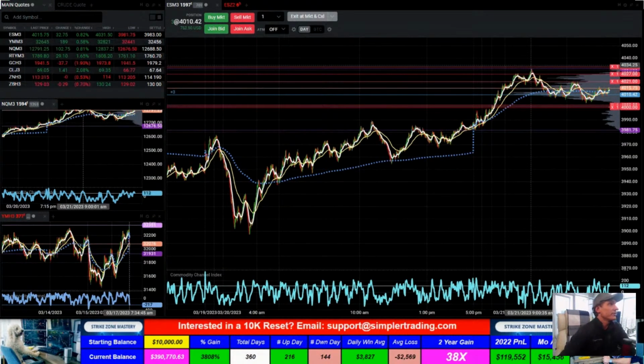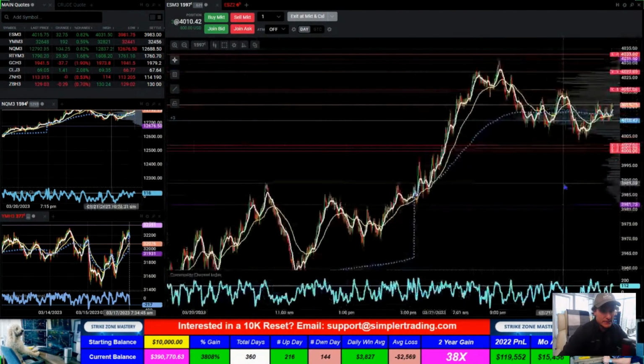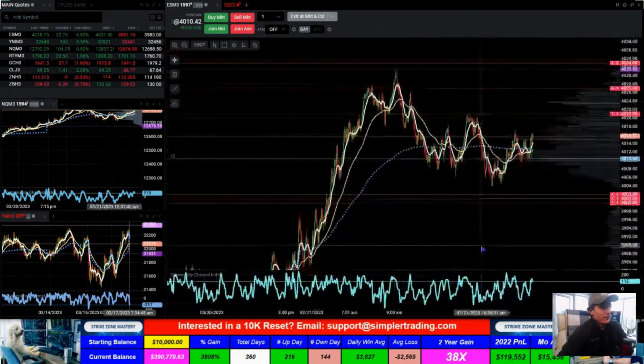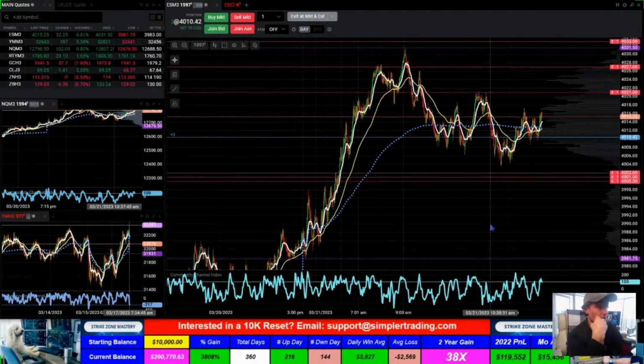So you'll often see, all right, this is what I'm looking for in the open. I'm looking for a hop to the upside, a pullback to the VWAP, and then from there, over the remainder of this 23-hour Globex trading period, I don't really care what it does.